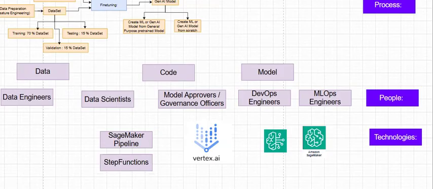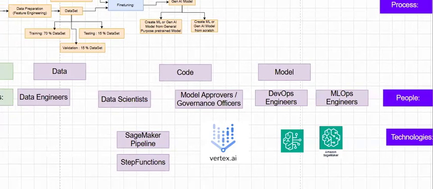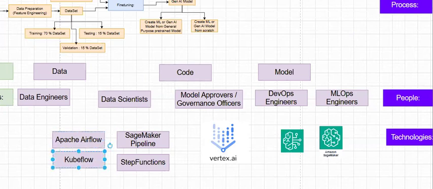By using these, we can also perform this lifecycle. These two are related to AWS. Not only these, we also have open source technologies like Apache Airflow and Kubeflow, which we can use in real time.